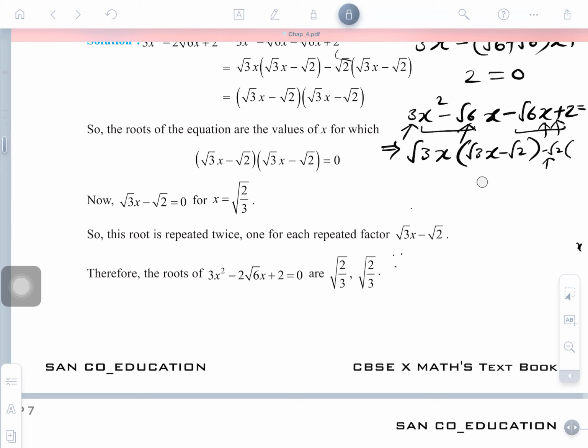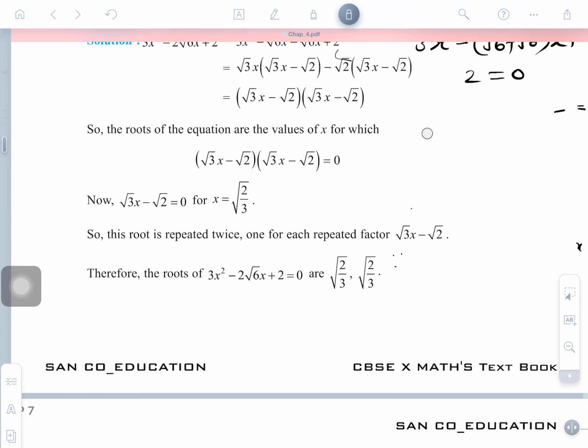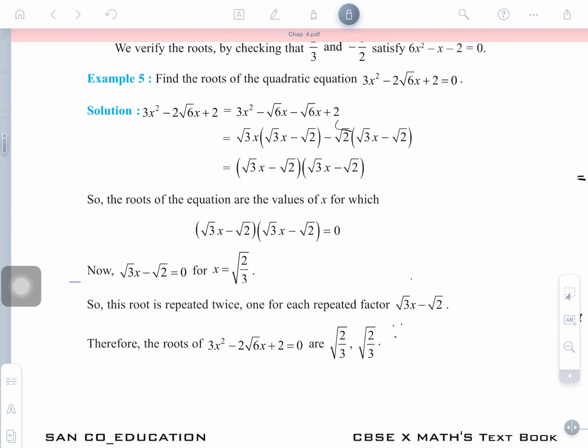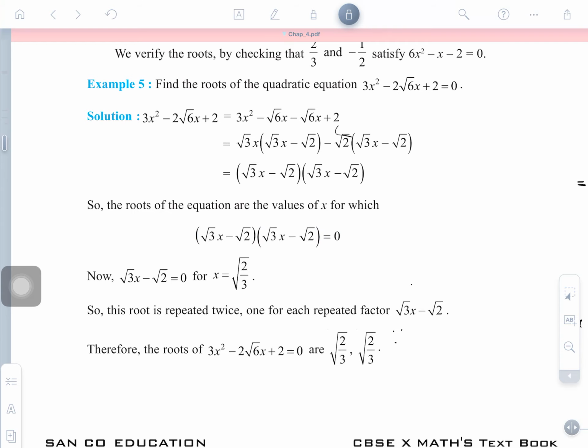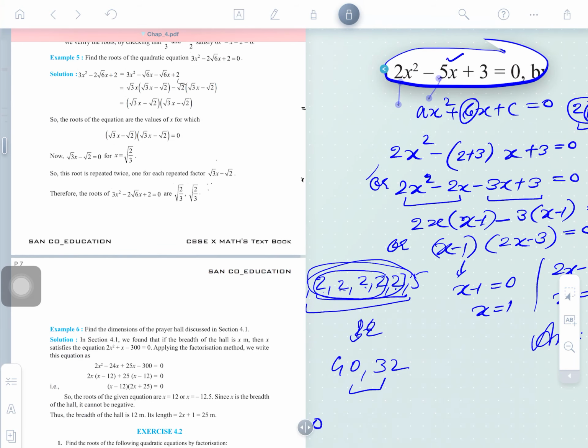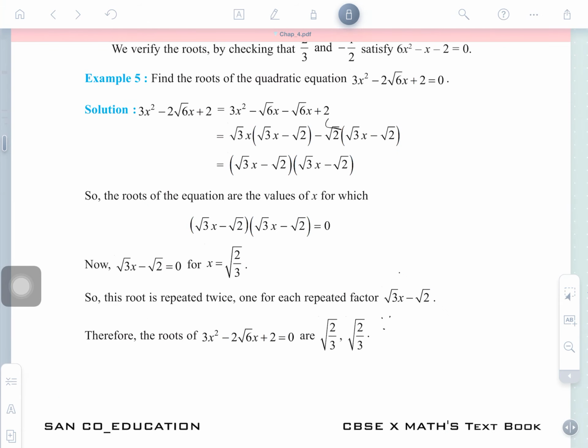Okay, these typical questions are important from the examination point of view, and you just have to note and understand this question also. Okay, please solve the questions by yourself. Clear, right guys? So we understand here the manner of solving this question.